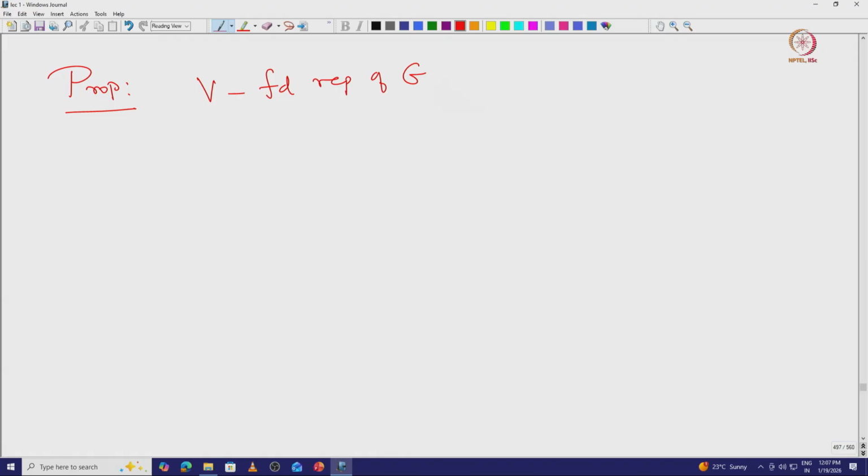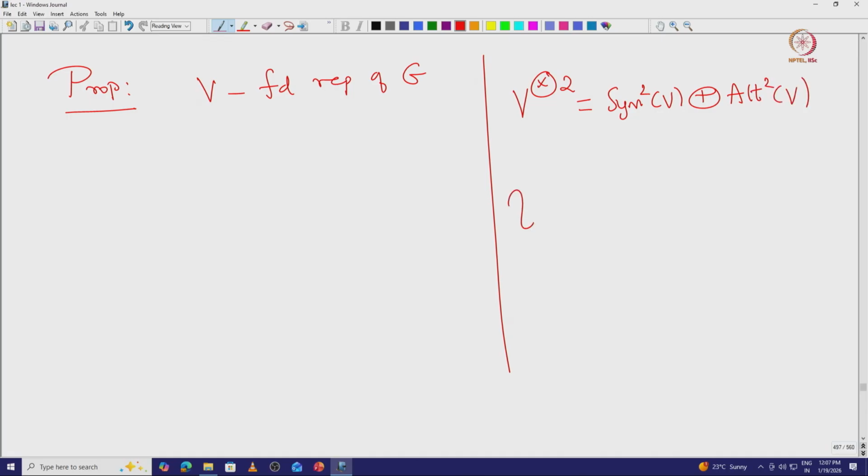Recall that we already have this decomposition: V tensor 2 is exactly Sym^2 V direct sum Alt^2 V. That means the character of V tensor 2 at g is going to be exactly the character of Sym^2 V at g plus the character of Alt^2 V at g.